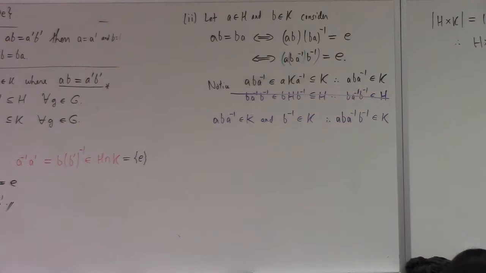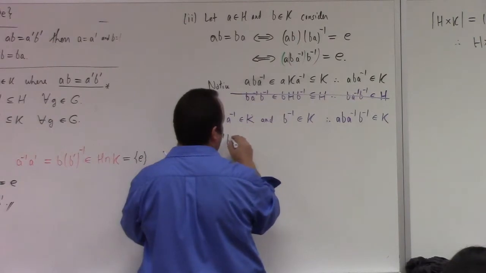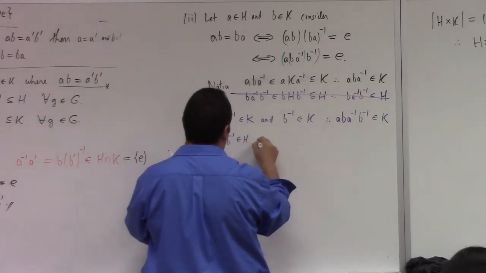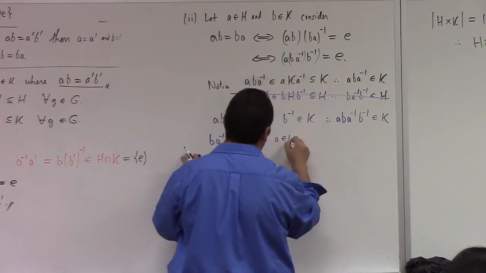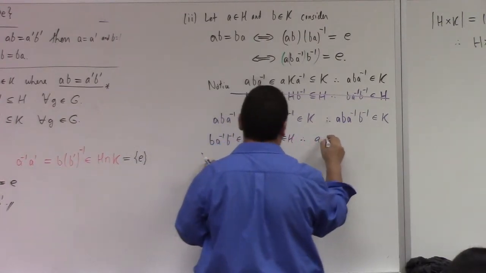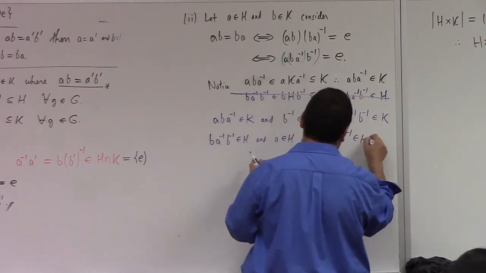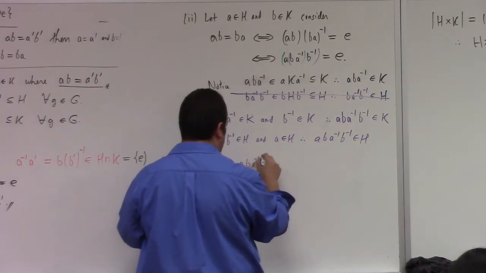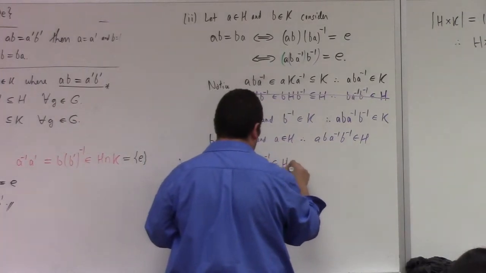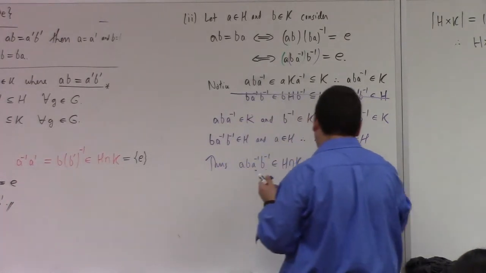Because what I just crossed out in purple shows that B inverse is in H. And of course, A is in H, right? Therefore, A inverse B inverse is in H. So thus, A inverse B inverse is in H intersect K, which is equal to the identity by assumption.